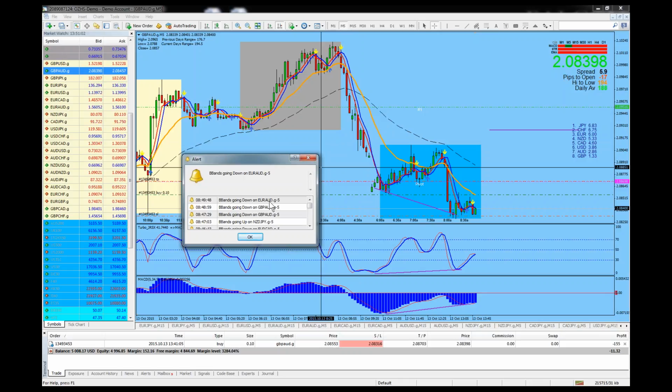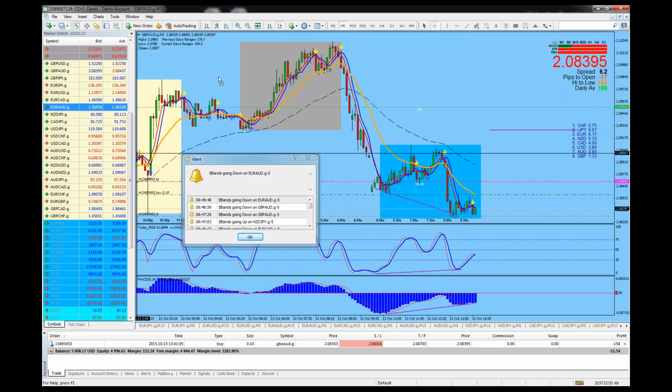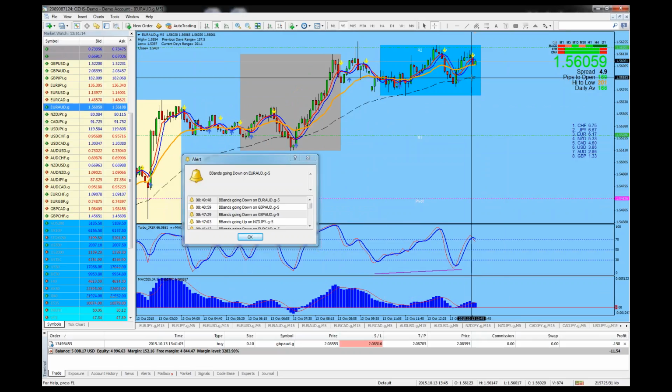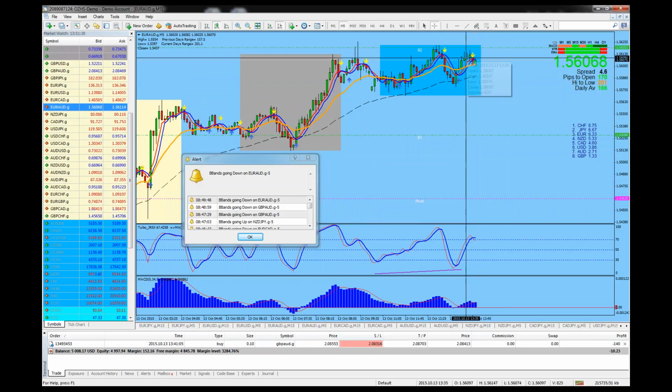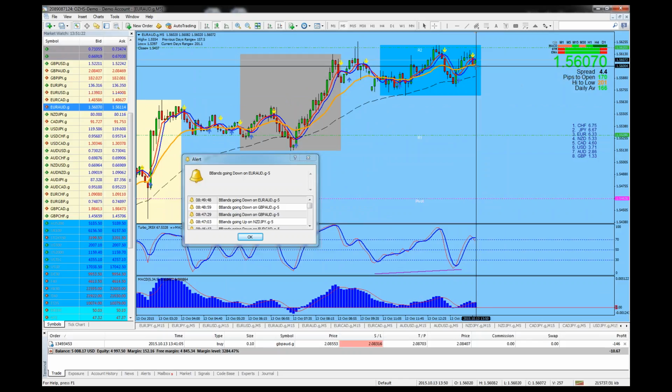Okay, so Euro Aussie B bands going down. Let's take a look at that. The other thing I did too was I put all of these in order when I do this. So I wouldn't be interested in taking this trade short. If anything, this would go down to this, which is 14 pips.